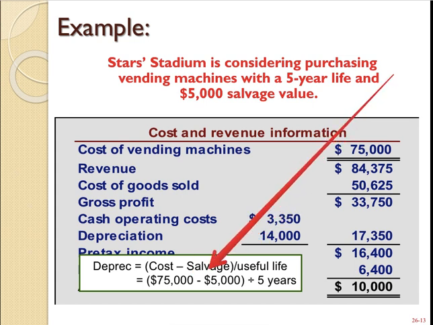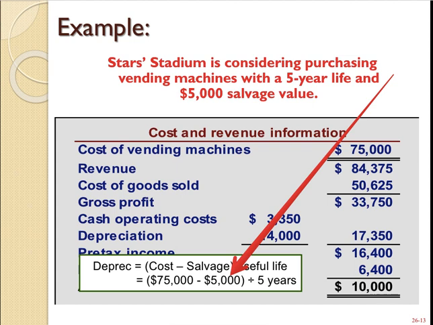So the cost was $75,000, which you get right here. But we think at the end of the useful life of this asset, it's going to be worth $5,000 for these vending machines. So we subtract out the salvage value, because that means we're not going to be using this $5,000. We're only using $70,000 of the asset, because then at the end, we're going to sell that last $5,000.